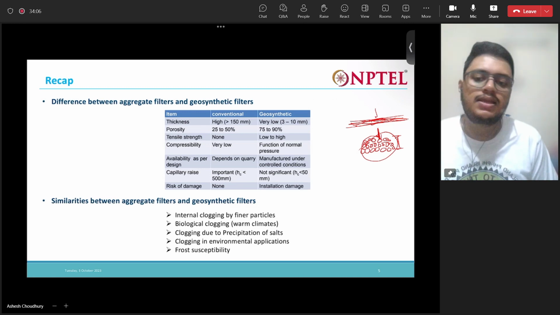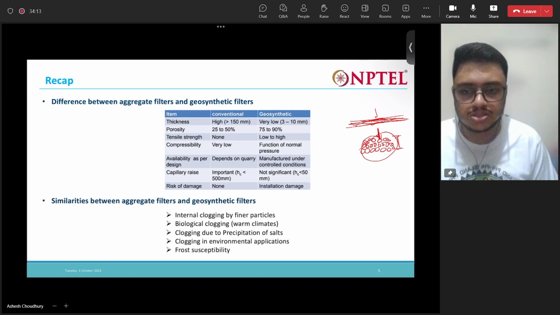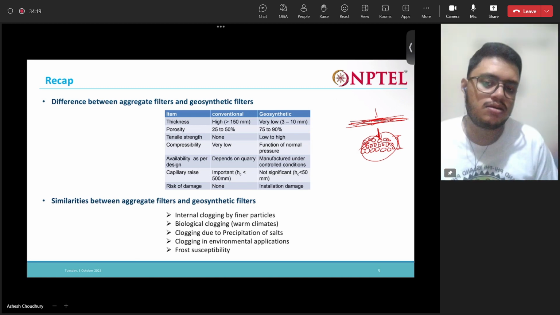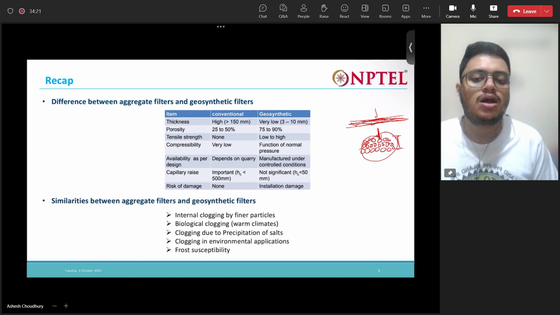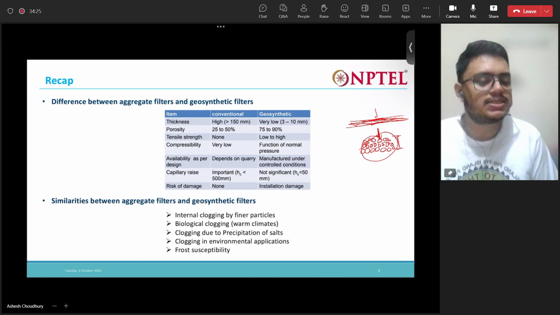Then we have capillary rise. Capillary rise is significant in soils, and for geosynthetic it is less. And for risk of damage during installation, soils have no risk of damage. But geosynthetics, geotextiles, are very delicate structures. You might damage the geosynthetic while placing it.